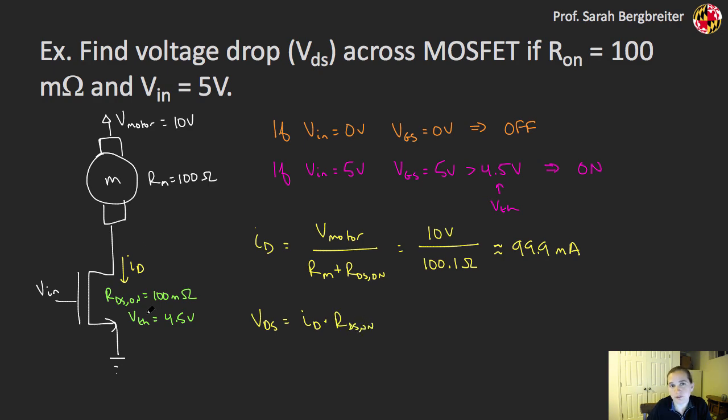So I could have also thought of this as a resistor divider. I am doing effectively the same thing here. Right, and this is going to give me approximately 10 millivolt drop across my transistor here. And if I compare that to the BJT that I was looking at earlier, remember I was getting a collector emitter voltage drop of about 200 millivolts, right?